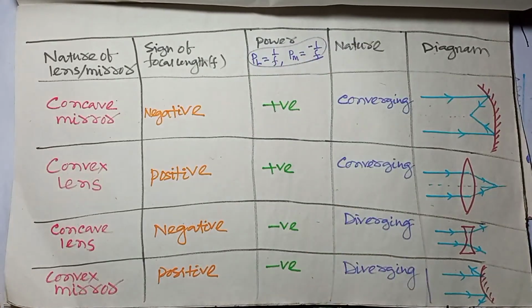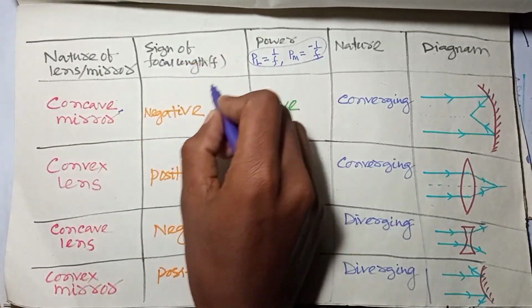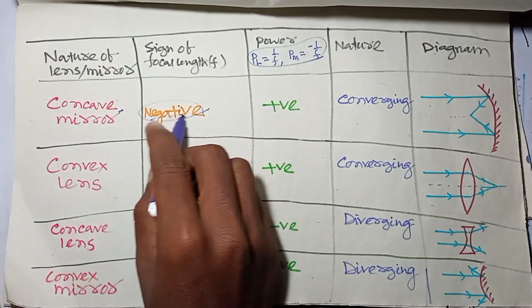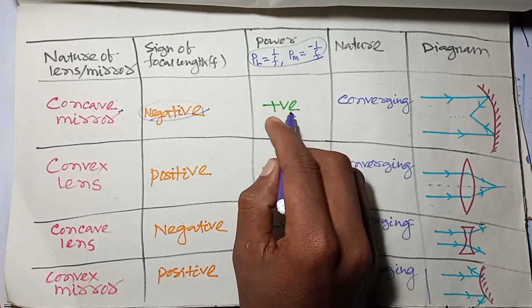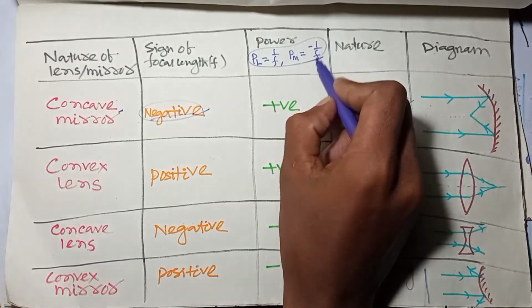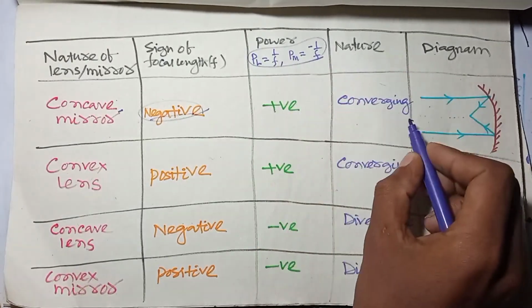In case of a concave mirror, the sign of focal length is negative, but the power is positive because the power of a mirror is minus 1 upon focal length. Since power is positive, the nature of the device will be converging.